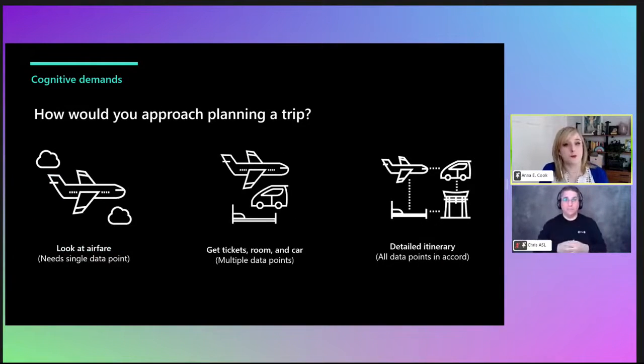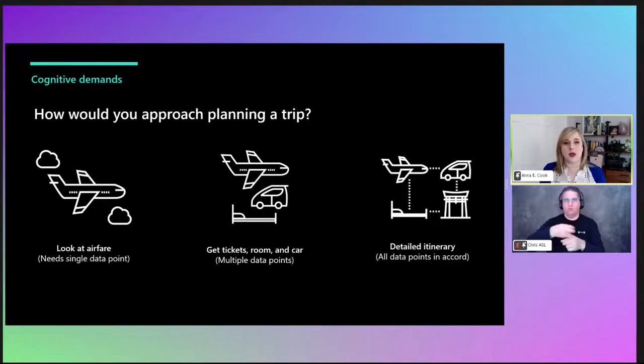So for example, how might someone approach the decisions involved in planning a trip? Some people might just look at airfare, looking at that single data point, and make other decisions more spontaneously. Some people might plan multiple data points, such as getting tickets for a plane, reserving a hotel, and renting a car.